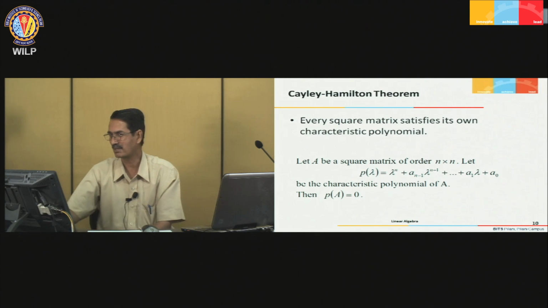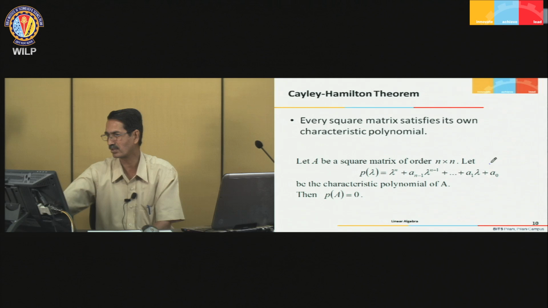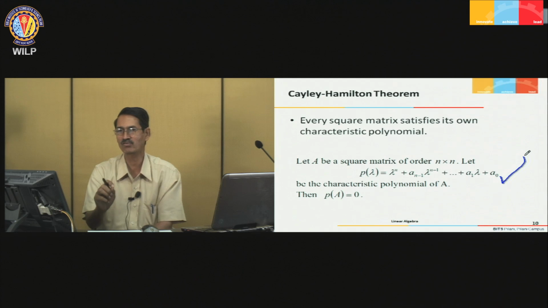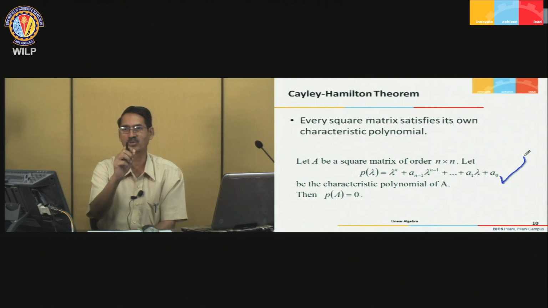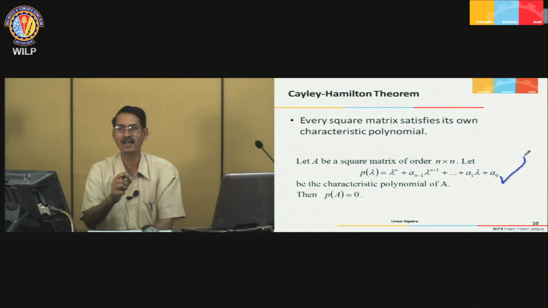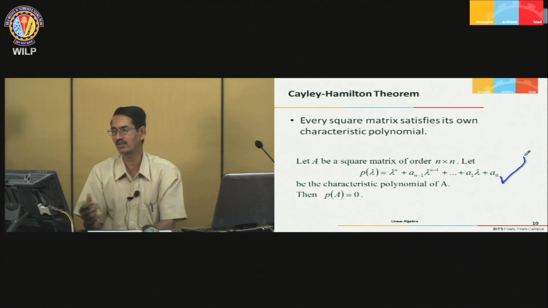Okay. And that we are calling, let A be a square matrix of order n, and P lambda is equal to this. So, P lambda is the characteristic polynomial, it is a polynomial of degree n in lambda. And then Cayley-Hamilton theorem tells that every square matrix will satisfy its own characteristic polynomial. Means what? That if you replace lambda by A, then P of A will be 0.